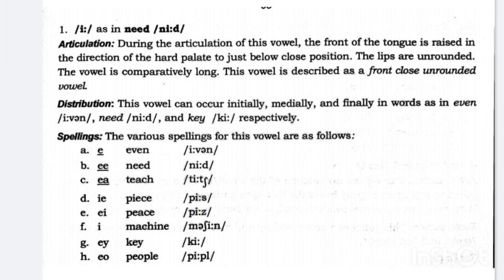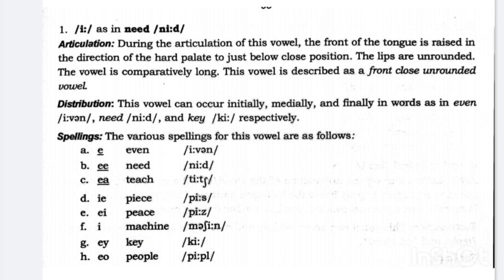Coming to the next word, machine. The E sound is there here, and the letter is I, which stands for the vowel sound E. Going on to the next one, the word key.